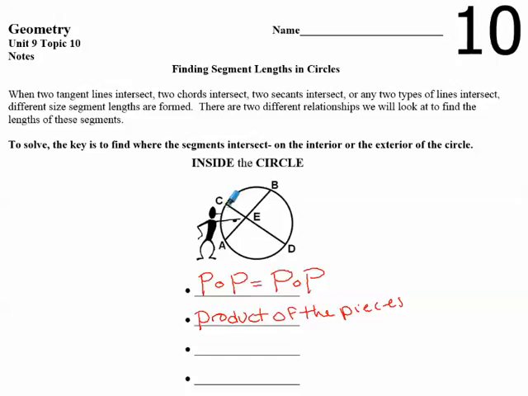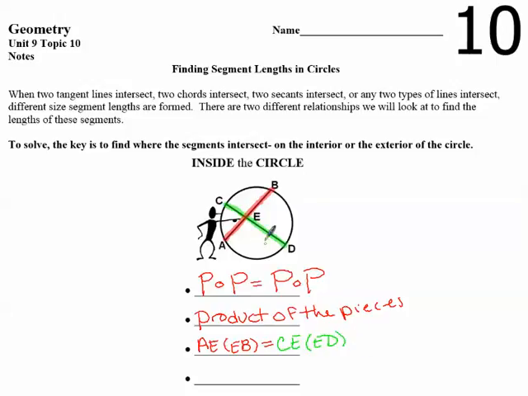When I look at this, I see that I have one segment CD in green and one segment AB in red. So I'm going to separate them and I'm going to say AE times EB equals CE times ED.